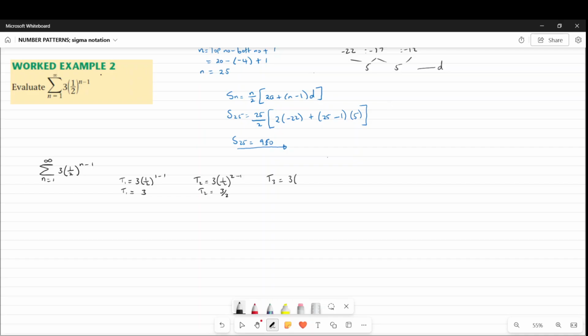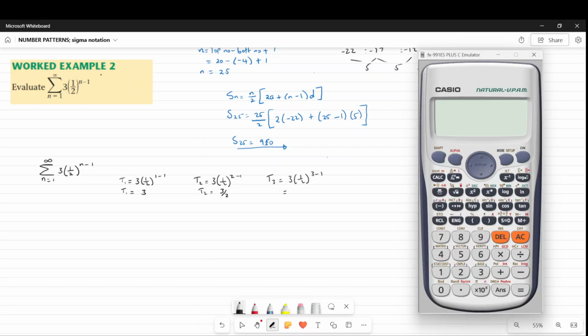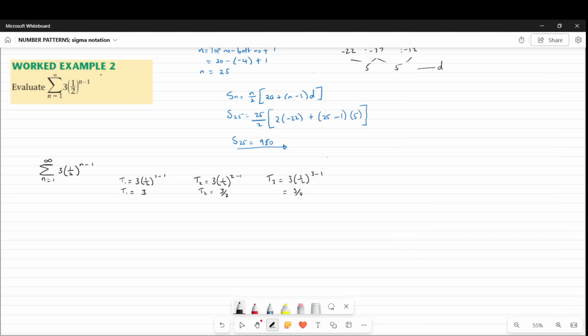T3 is going to be 3 open bracket 1 over 2 close bracket to the power 3 minus 1. So now we got 3 over 4, right? 3 over 4, we got that.